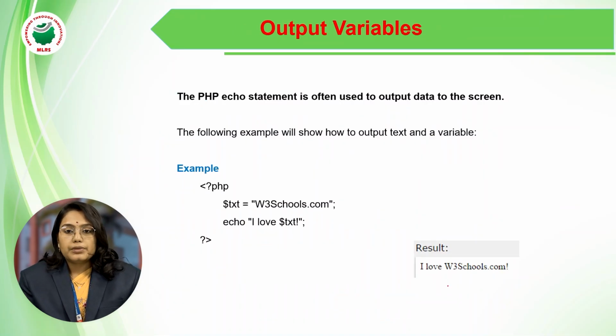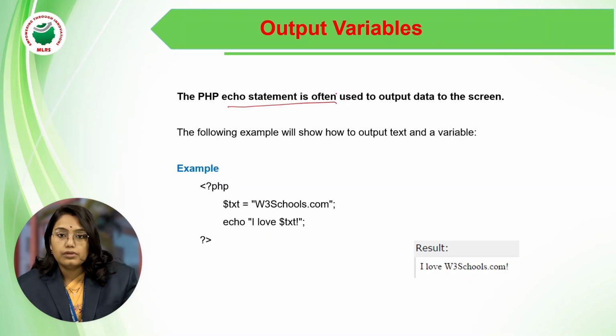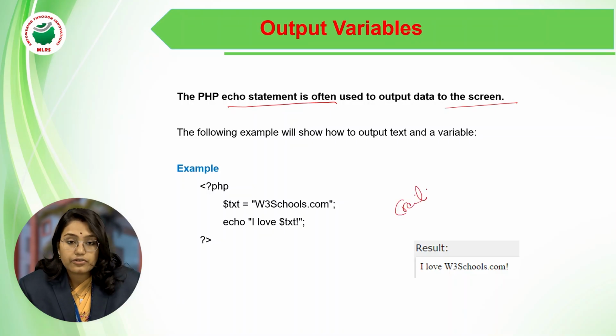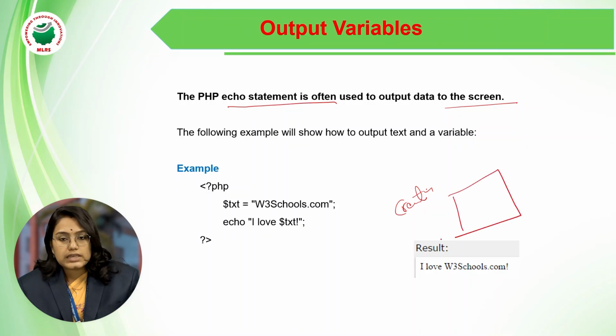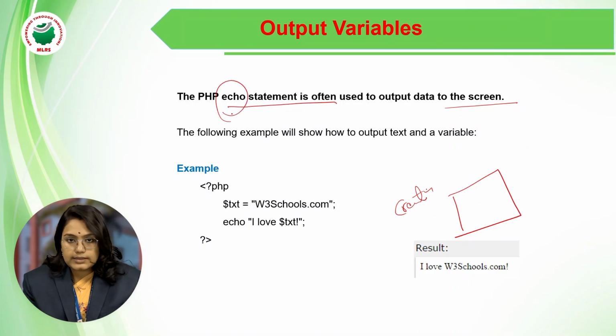Let's see what output variables are. The PHP echo statement is often used to output variables to the screen. After creating variables, we want to display output on the screen, so to display output on the screen we use the echo statement. Let's see with an example.